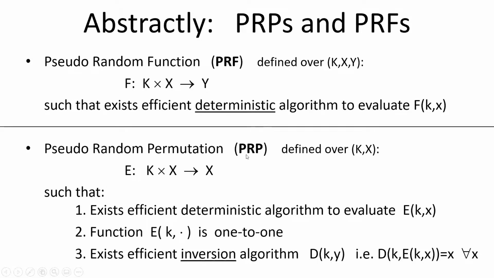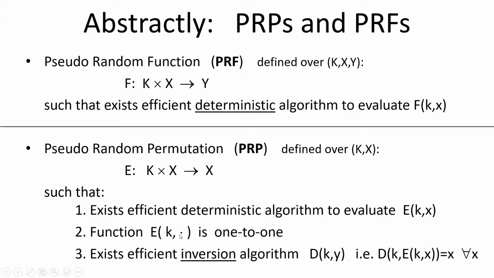A pseudorandom permutation modifies this as follows. The range is the same as the argument space. This part is the same, but also for every choice of a key from the key space, this E function, indexed with this key, thought of as just the function on elements in X, is a one-to-one function.